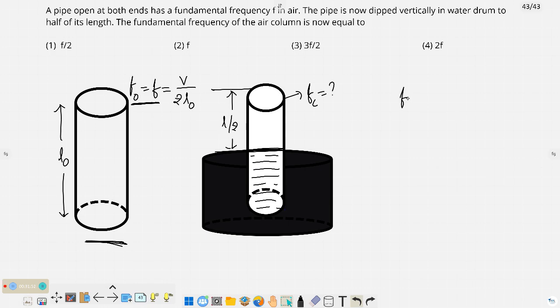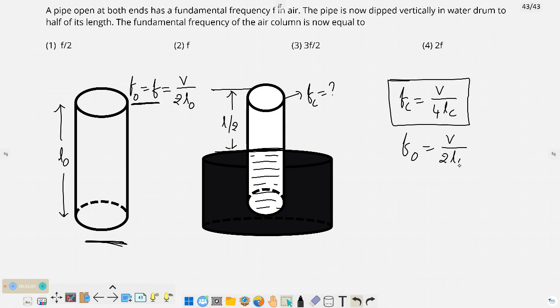The fundamental frequency of the closed pipe formula is V by 4 times the length of the closed pipe. And the fundamental frequency of the open pipe is equal to V by 2 times the length of the open pipe.